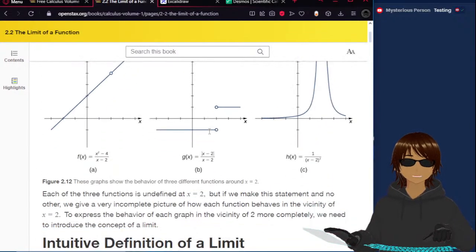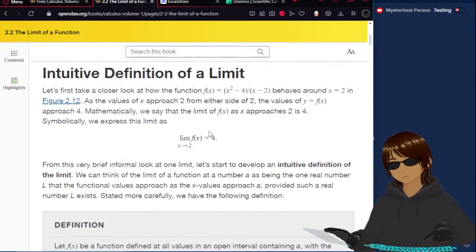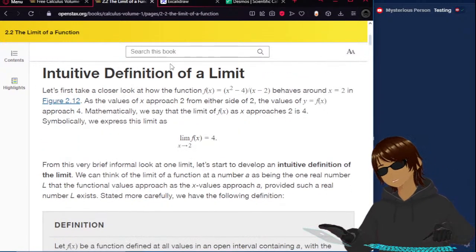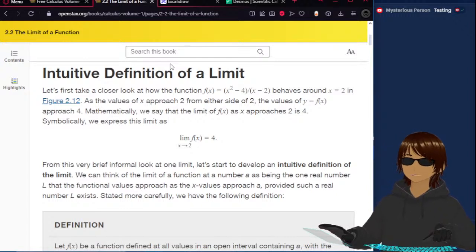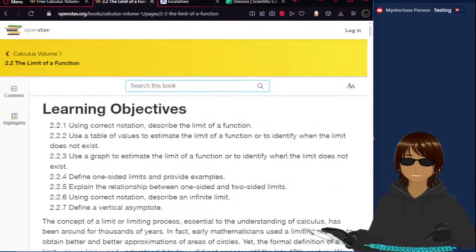The limit of a function. Intuitive definition of a limit. Let's take a closer look at how this function behaves.